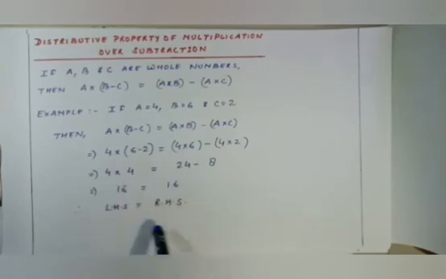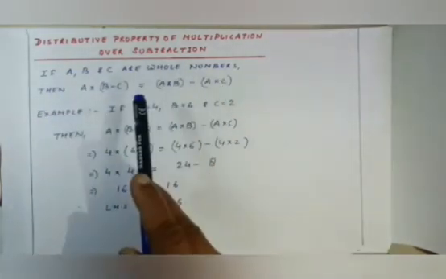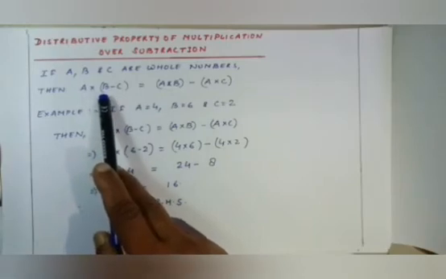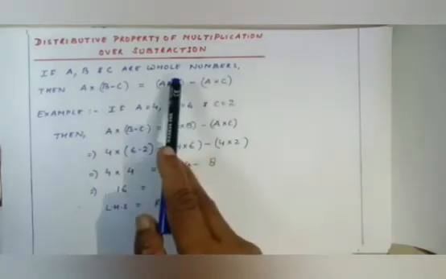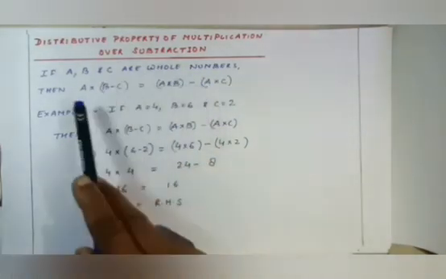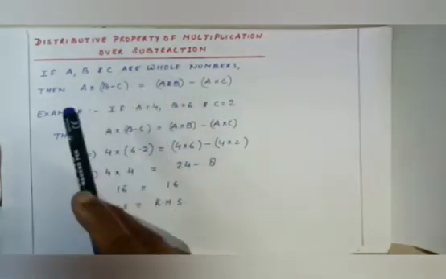This shows that LHS is equal to RHS. Whenever these types of problems come, you apply the formula, and after applying the formula, you have to break it. Then this is LHS and this is RHS.